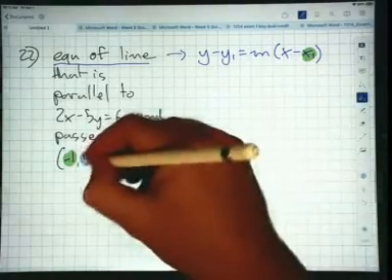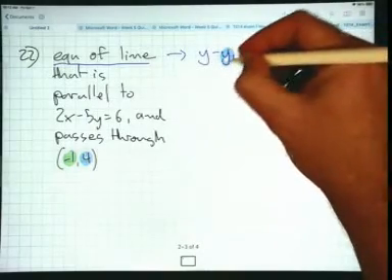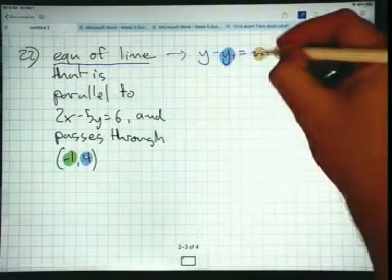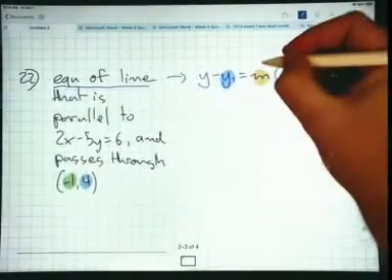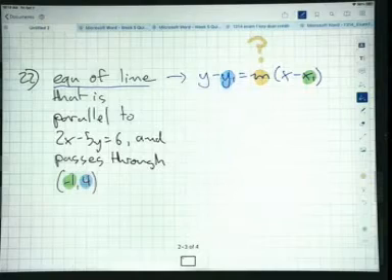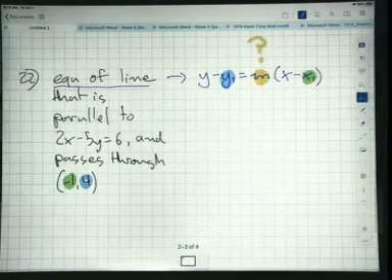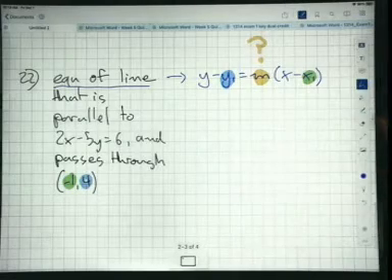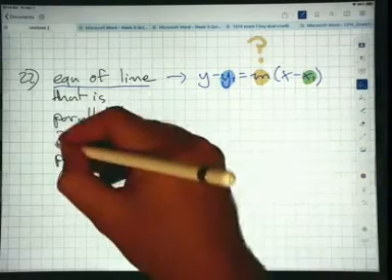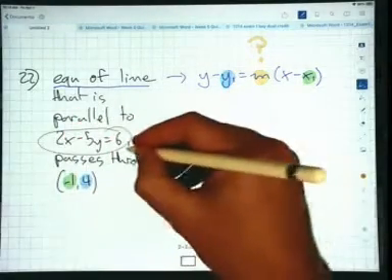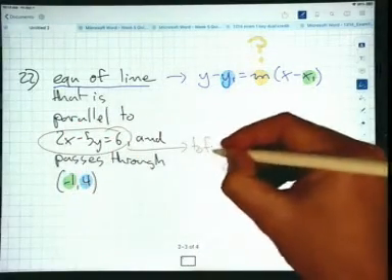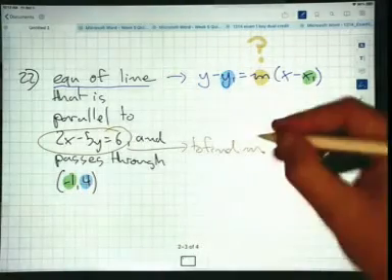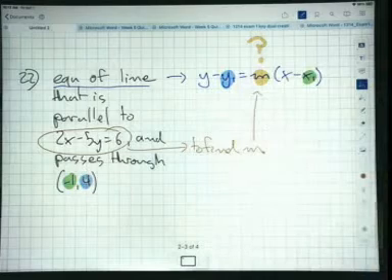We already know what y sub 1 is. The thing that we don't know is m. We're going to use this equation to find the m that's going to go right up here.